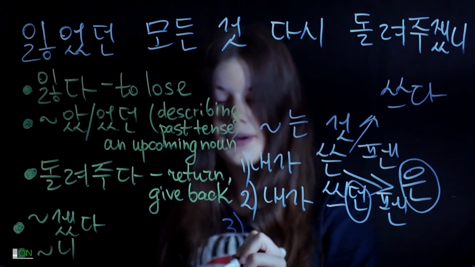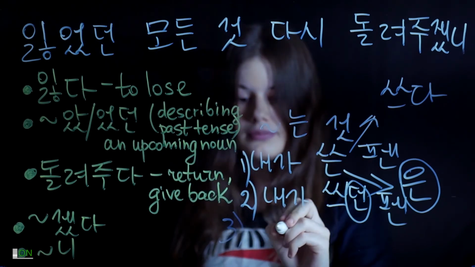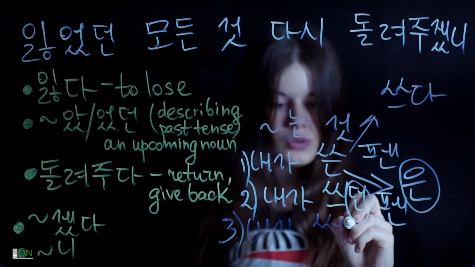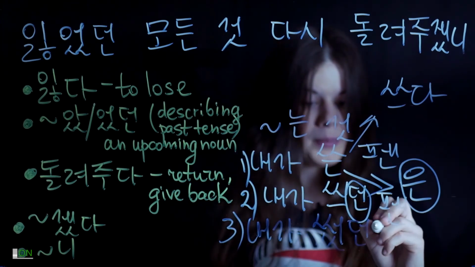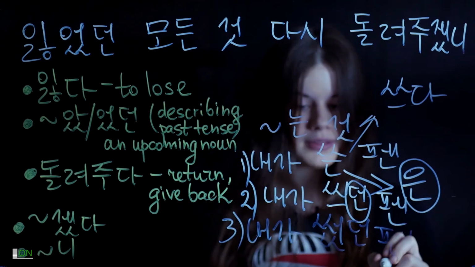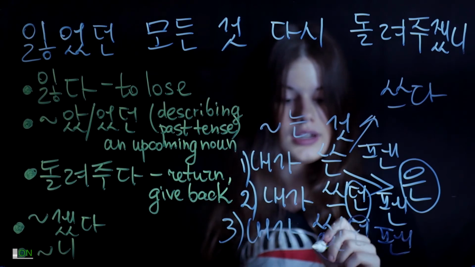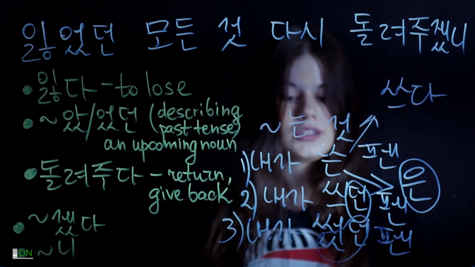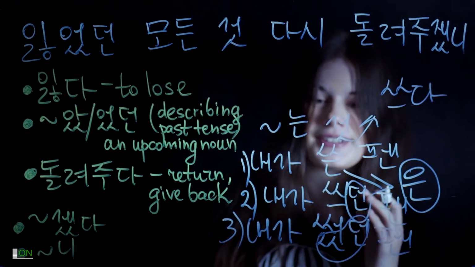The third example is finally with this 었던. So it'll be 내가 썼던 pen. So from the usage of 었던, we know that you used this pen a long time ago and you don't use this pen up till now.